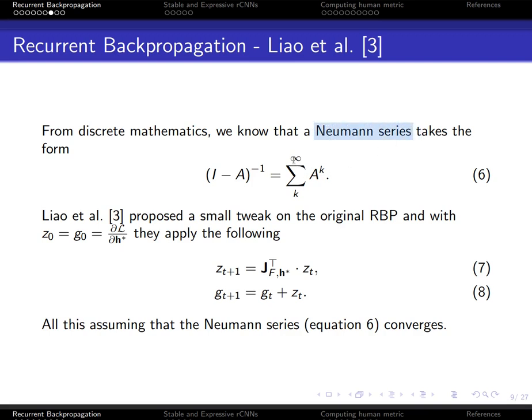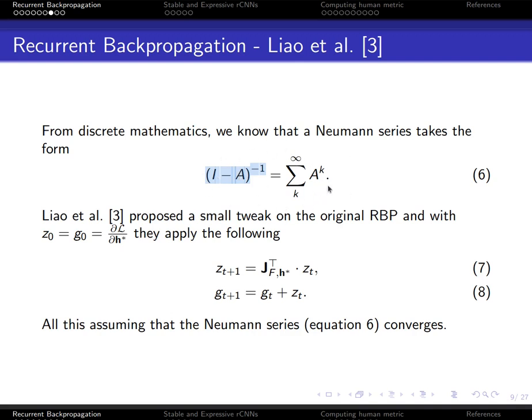So they have this series, which is basically a sum of the powers of the matrix. And conveniently, this series has the following solution: identity minus A, taking the inverse of that. Now, this is really convenient because in this formula, if we replace A with the Jacobian of f with respect to h star times z, this is exactly what we have here, right?